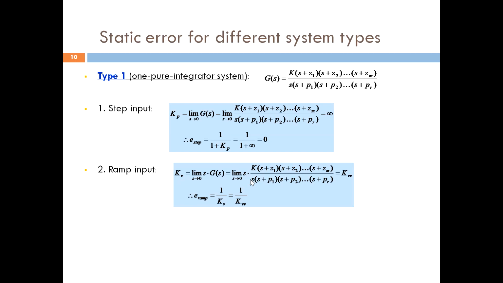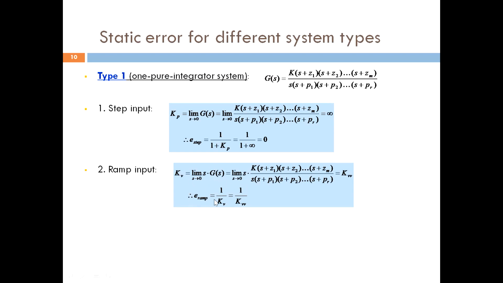We go on to a ramp input. Again, we just take that expression for G(s) and substitute it into the expression for the velocity error constant. In this case, because we've got s multiplied by G(s), the pure integrator is going to cancel with that s, and we end up with a constant expression for the velocity error constant.